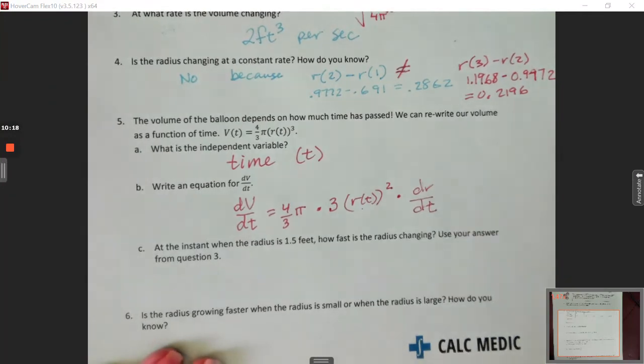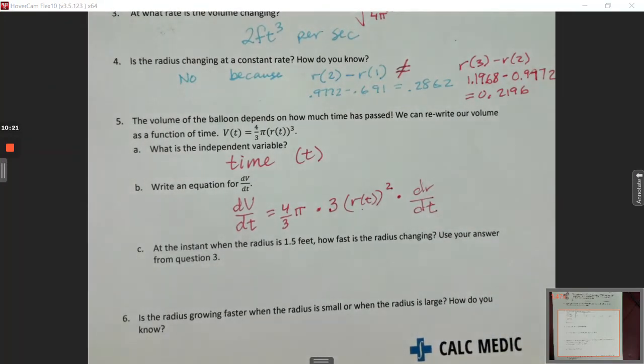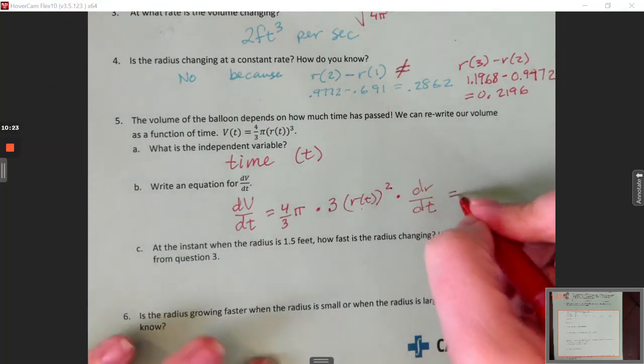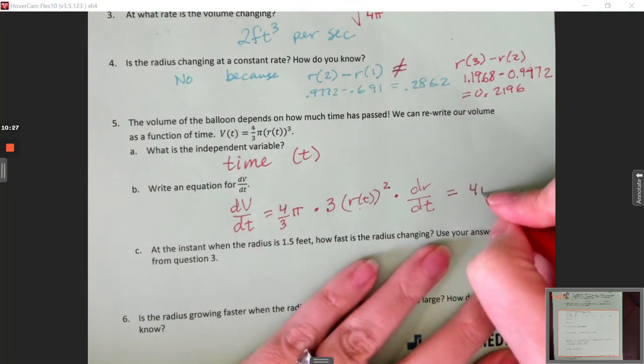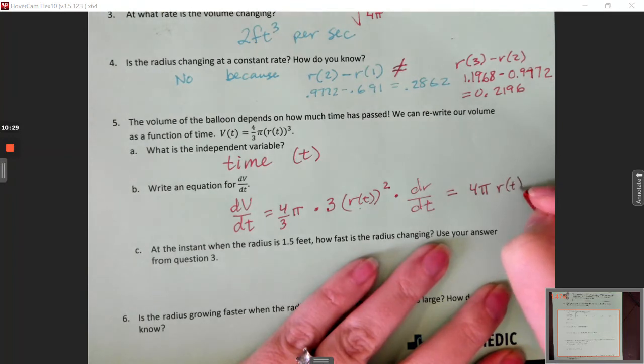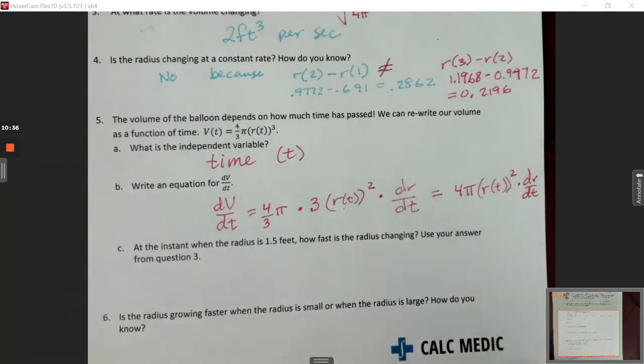Okay, let's clean that up just a little bit. 4/3 pi times 3 is just 4 pi, r of t to the second power, dr/dt. So that's where we are.